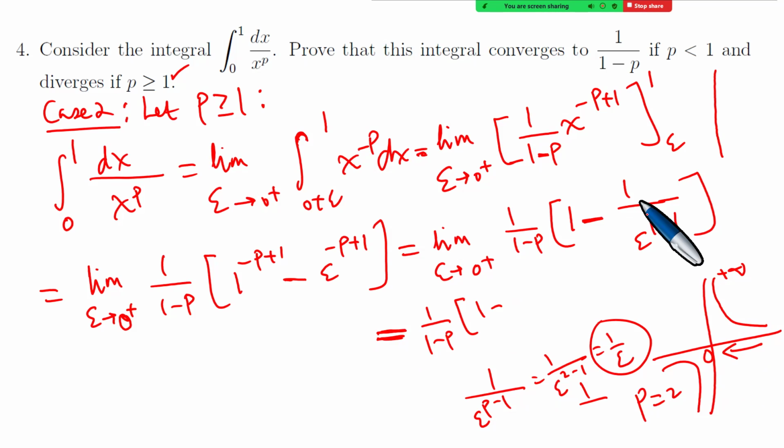This thing here is going to approach plus infinity, but there's a negative there. And therefore, this whole thing becomes infinity.